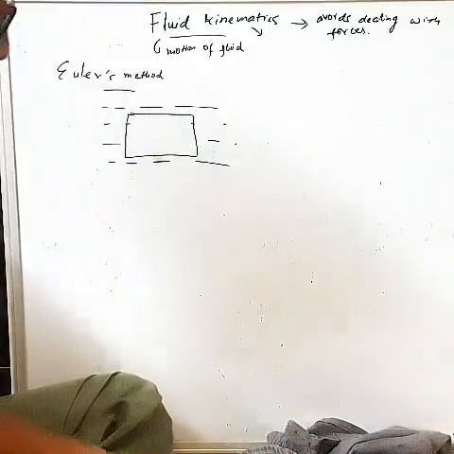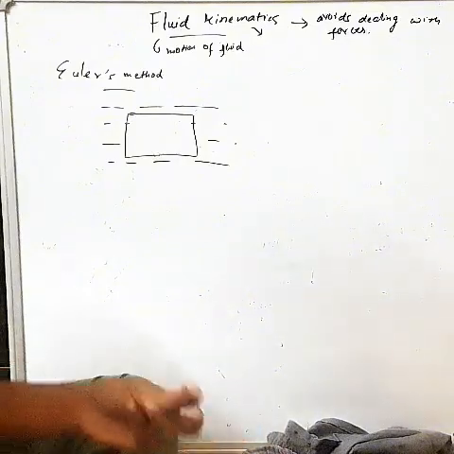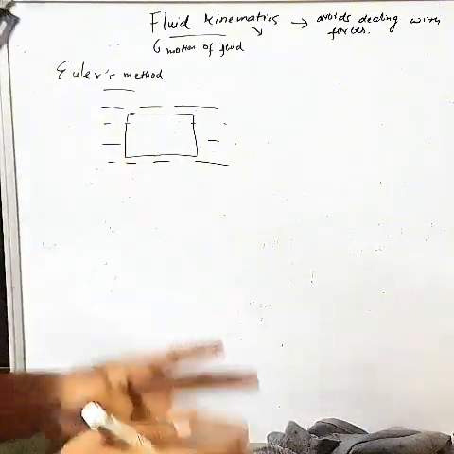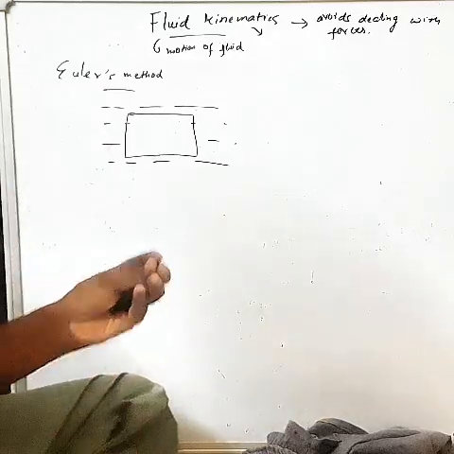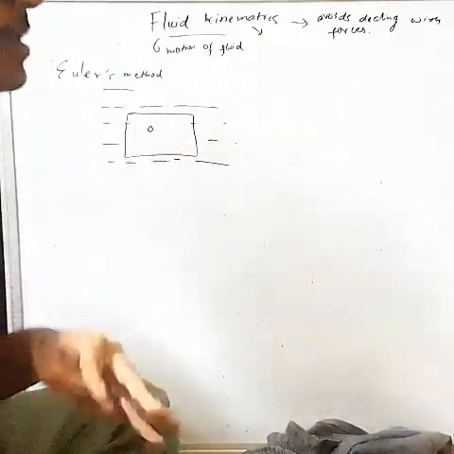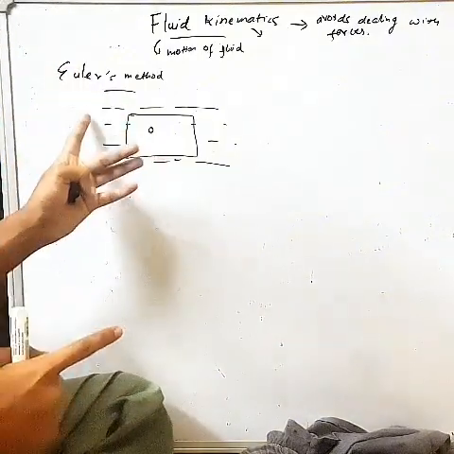Now, what is a field variable? A field variable is a type of variable which is a function of the particle. If there is a particle, then it depends on something, right? It depends on the position, it depends on the velocity of the fluid.